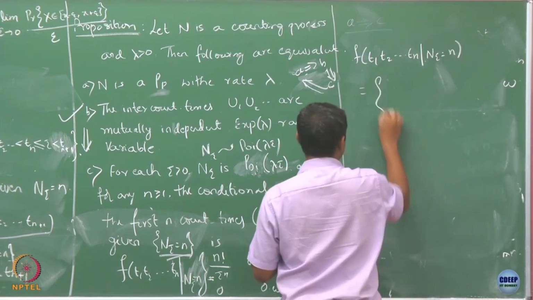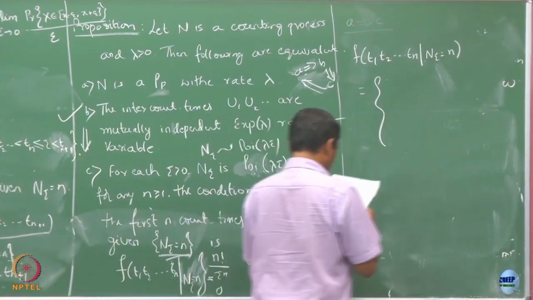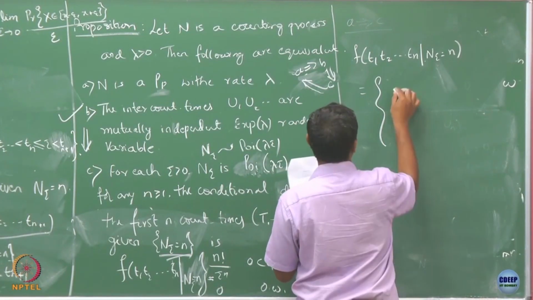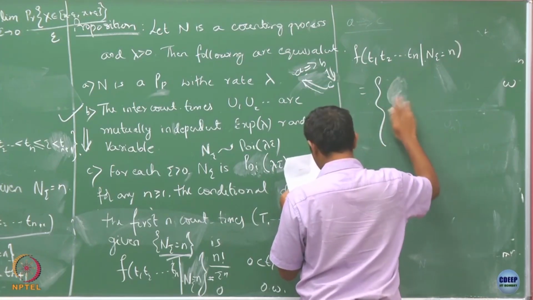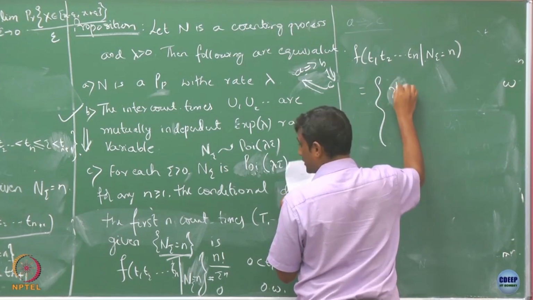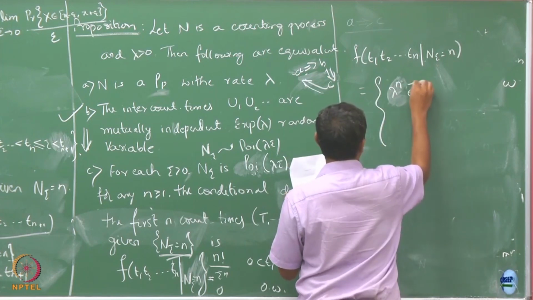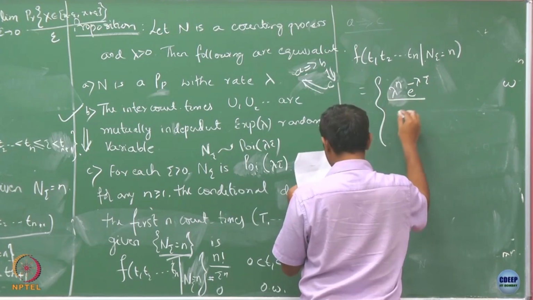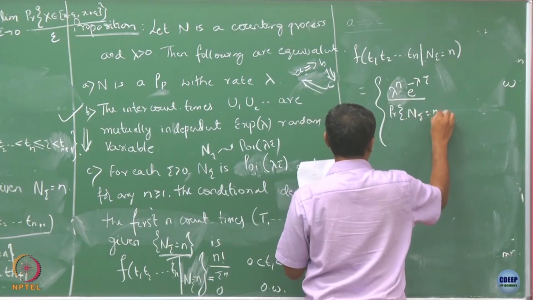After doing this integration, you will end up with e to the power lambda, lambda to the power n is there anyway, and then we will have lambda power tau divided by the probability that N(tau) equals n.